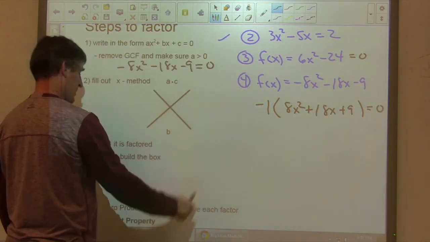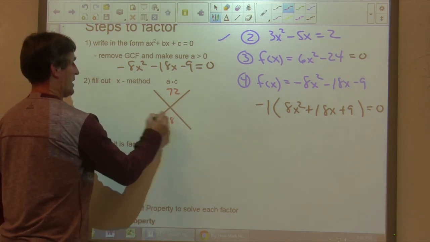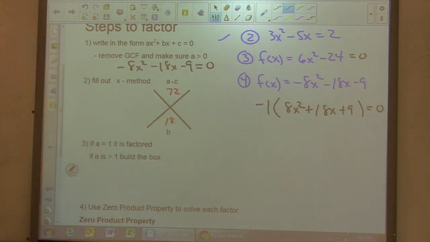So 8 times 9 is 72, and 18. So we want the numbers that multiply together to give us 72 and add up to give us 18.